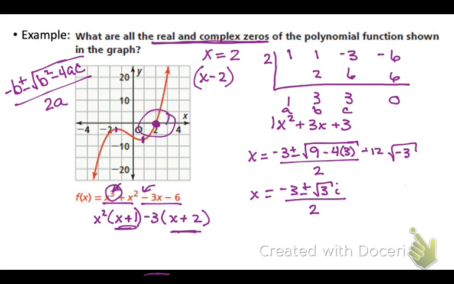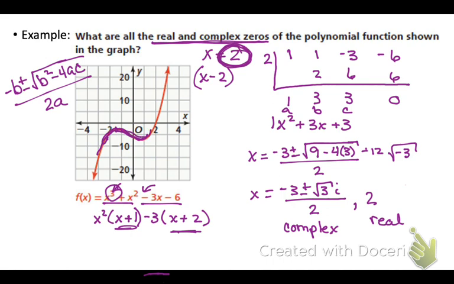So, comma, what else did we already know? x equals 2. So, this is complex, and this is what? Real. So, those complex zeros are what makes this stuff happen.